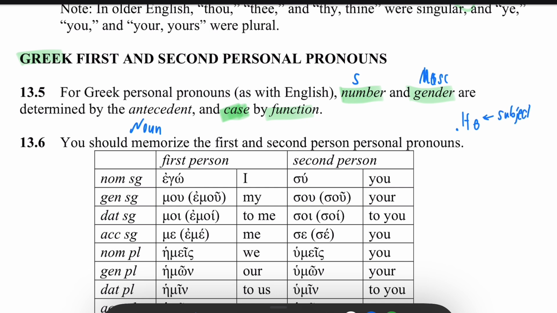But you could have a situation where the function is different in the second clause, but you would still have a pronoun, and it would then be him. So Tom went to the store and I bought a coat for him. Then I know him is referring to Tom, but him is not in the subjective case. It's going to be the same in Greek, is basically all that we're saying there.